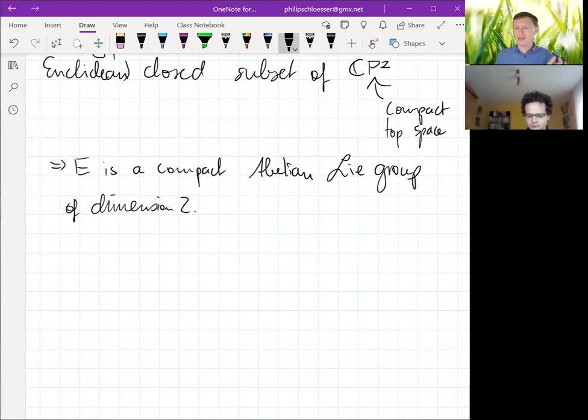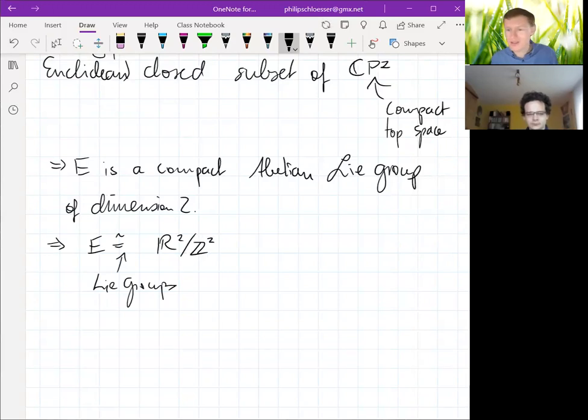But since it's compact, there can be no copies of R, so it has to be isomorphic, as Lie groups, to R squared over Z squared, basically. Or, why not, to C modulo lambda for some lattice lambda.